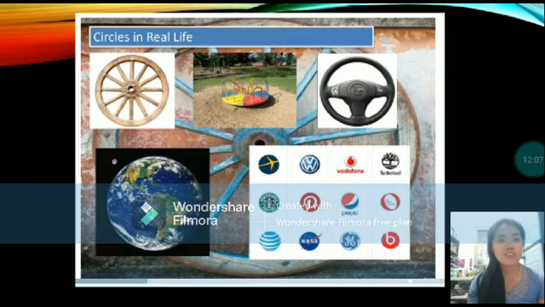The picture of planet Earth: though we know that Earth is spherical in nature, if we take a photo of it, the picture looks circular. The steering wheel, and the logos of different companies, which usually use circles.